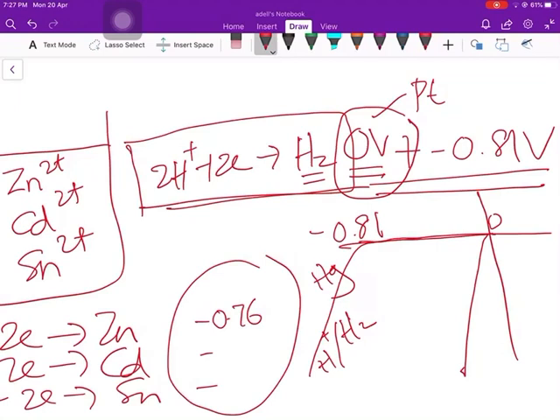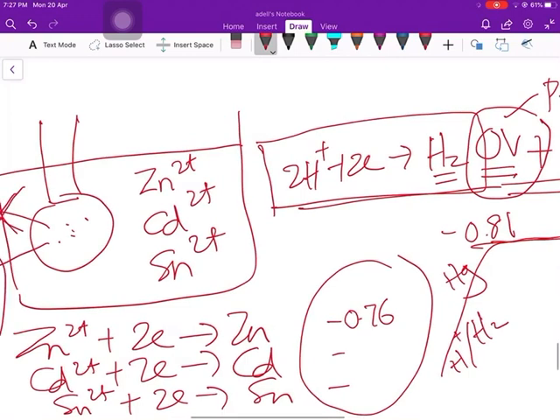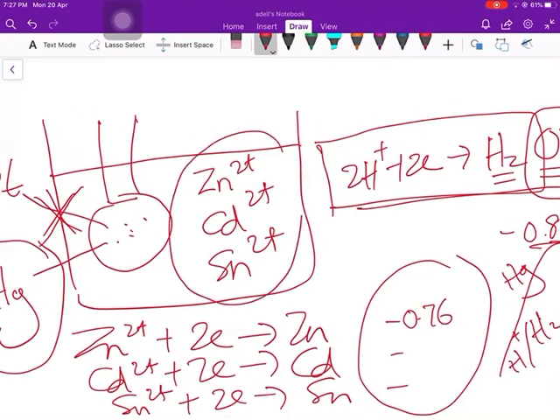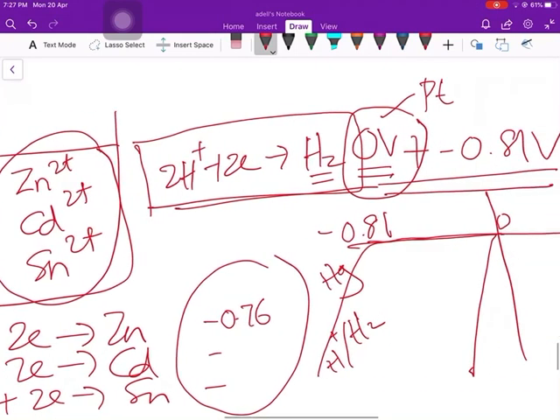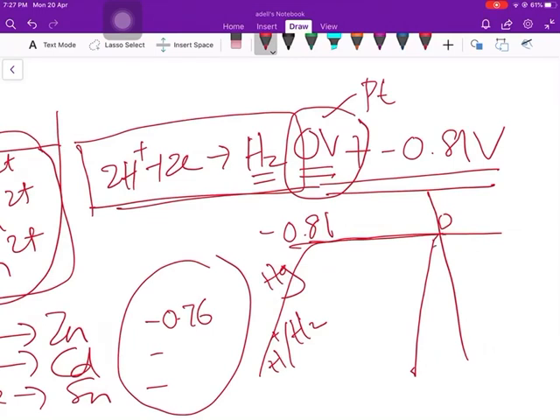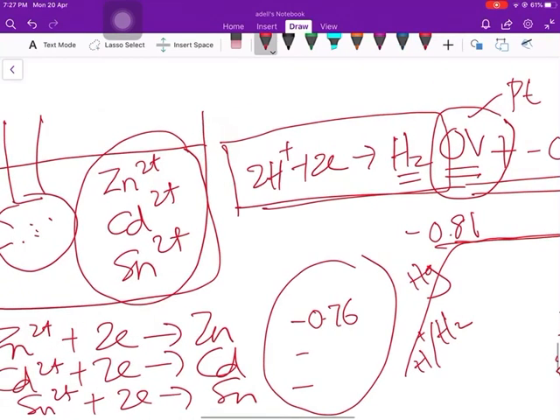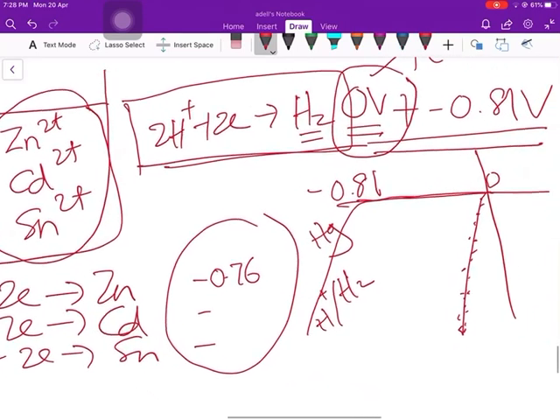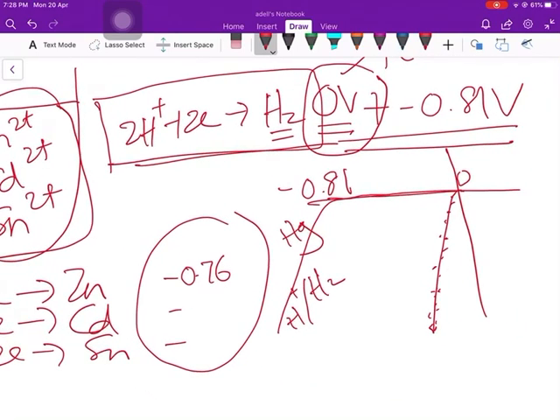So you cannot do any analysis, for example, to determine unknowns in the solution if you use platinum, because a lot of hydrogen bubbles will form on the platinum surface. So you cannot do analysis for the other metal cations: zinc, cadmium, stannum. The reduction of zinc will occur at negative 0.76 and other metal cations somewhere here.